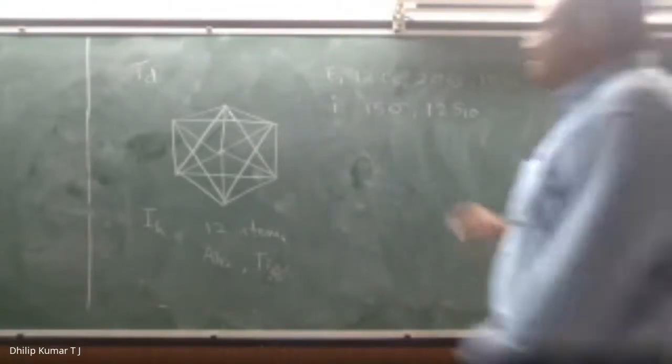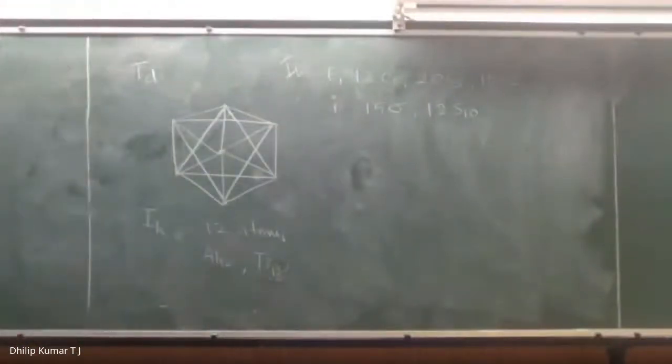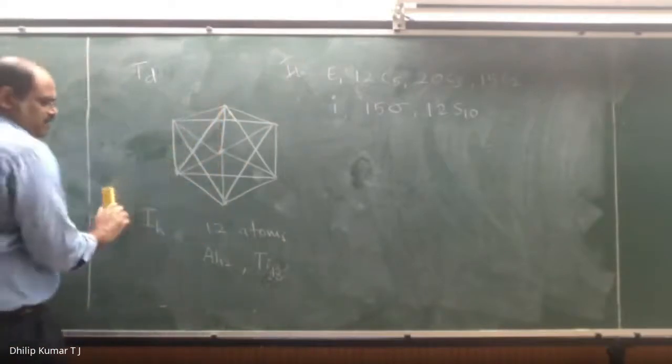This is IH. These are high symmetry groups. It's called a special group. Just for information, I'm just saying. So this is a highly symmetric molecule.